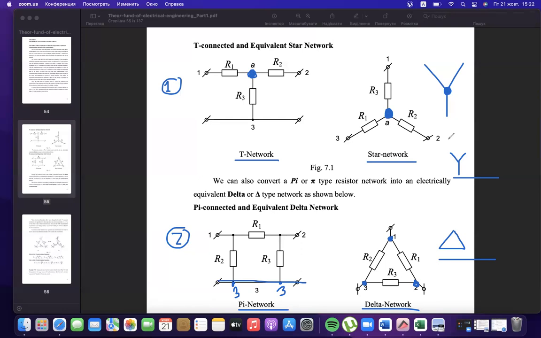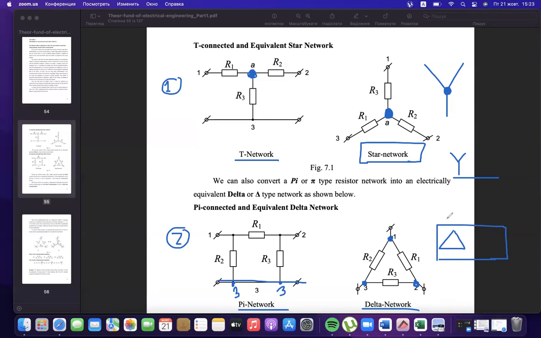In Ukrainian speaking literature, the most common naming is star triangle network: transformation star to triangle, triangle to star.